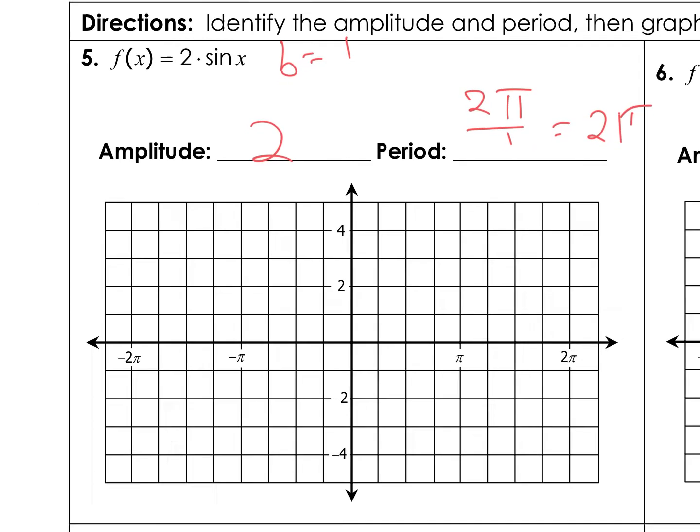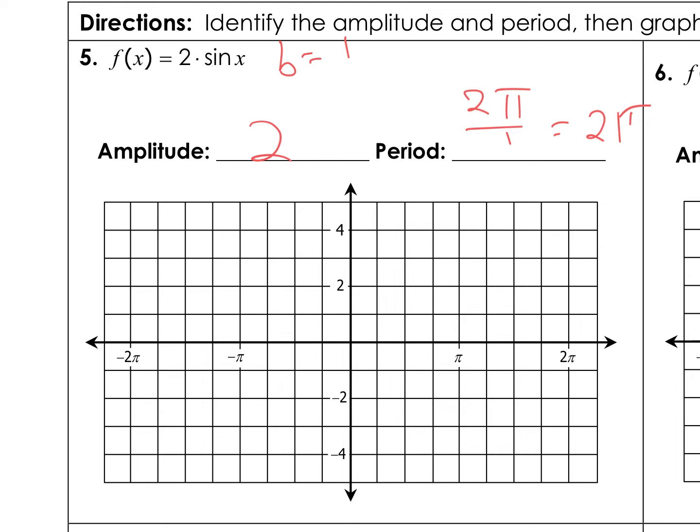But the amplitude is 2. So what I want you to do is, it's a normal sine curve, right? Except the amplitude is 2. That means up at 2, I want you to put a light dotted line at 2 to remind you that that's as high as it can go. And at -2 is the lowest it can go. I want you to do that on your paper.